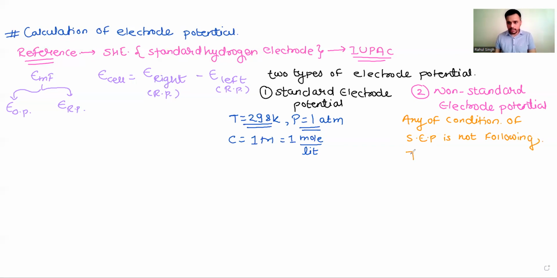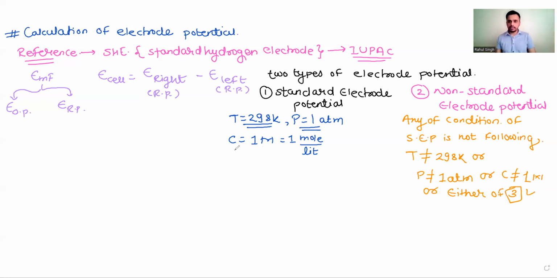So either the temperature is not equal to 298 Kelvin, or the pressure is not equal to 1 atmosphere, or the concentration is not equal to 1 molar, or any of the three.